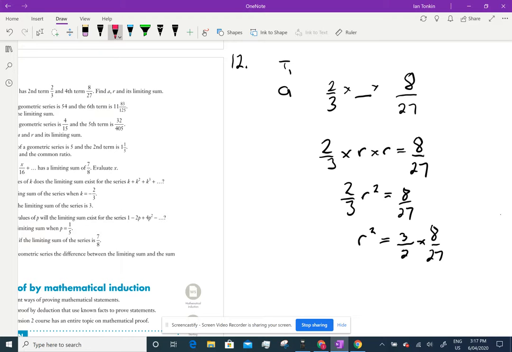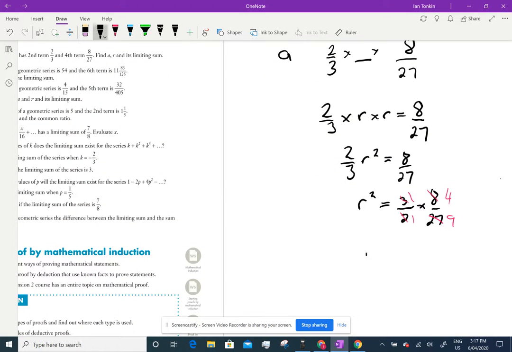Now, 3 goes into itself once and into 27 9 times. 2 goes into itself once and into 8 4 times. So r squared equals 4 on 9. So r equals plus or minus 2/3. So we can have either of those. So we're going to get two answers for this.